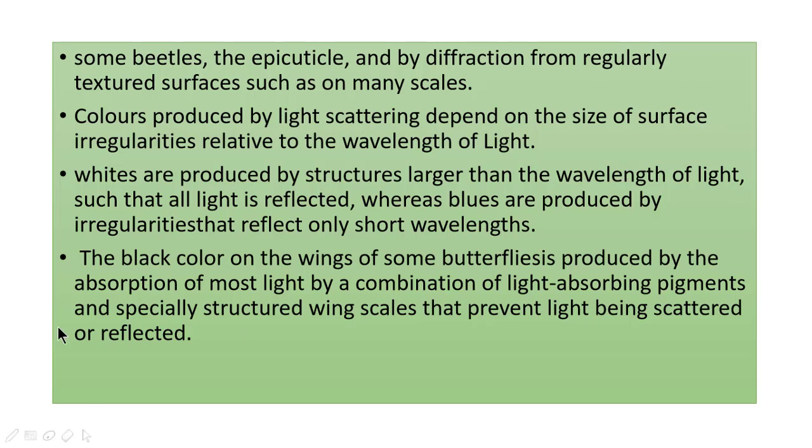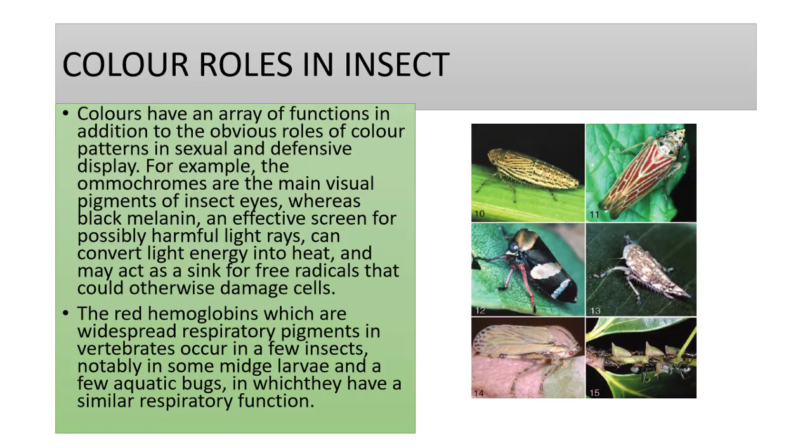So this is the most important line, you should remember it. The black color on the wings of some butterflies, you have seen the butterfly, everybody knows, is produced by the absorption of more light by the combination of light-absorbing pigment and spatially sculptured wing scales that prevent the light being scattered or reflected.